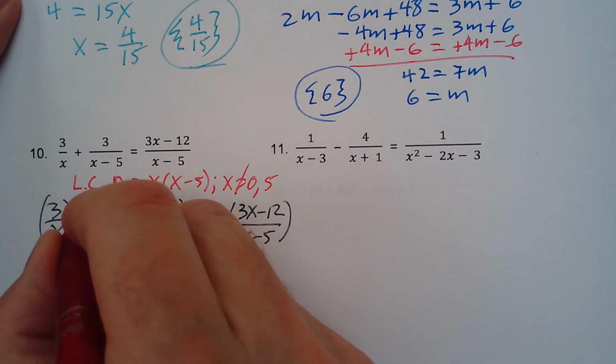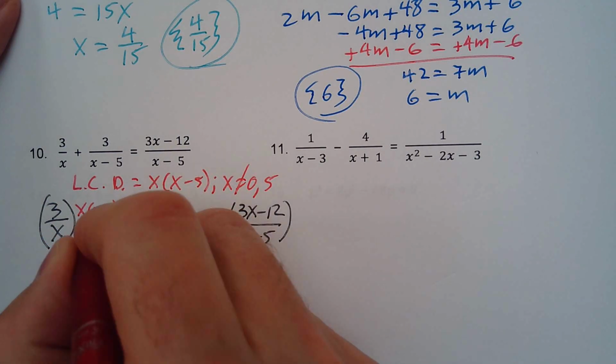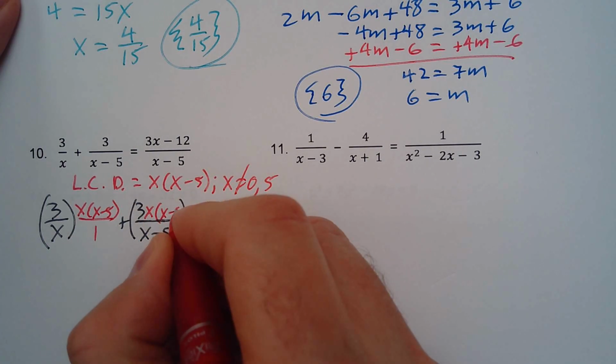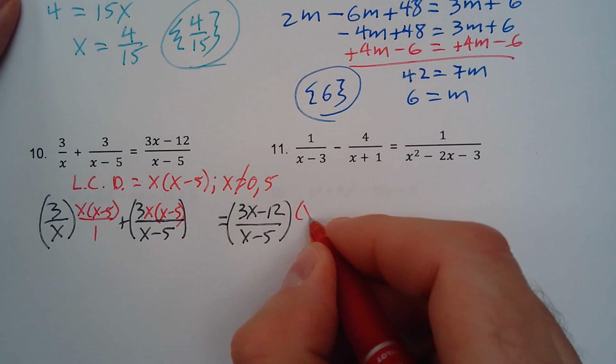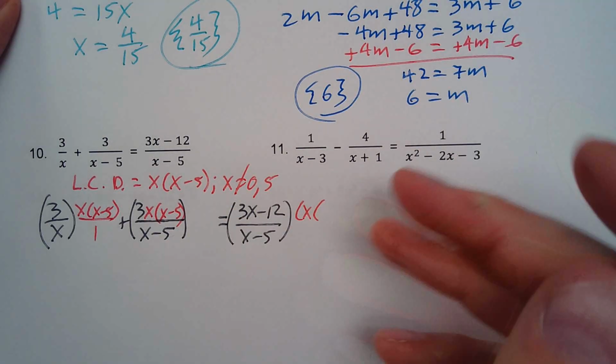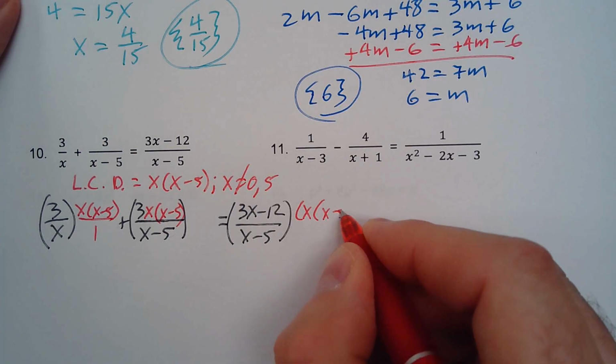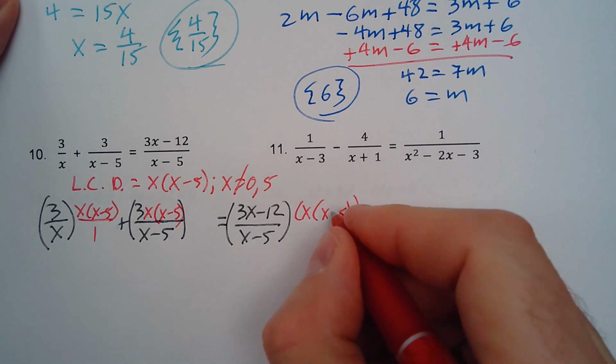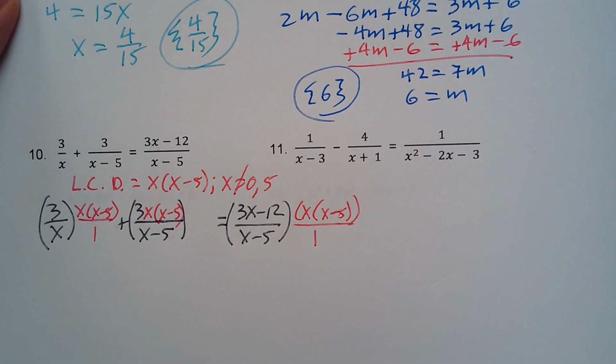So I'm going to do x times x minus 5 here. I'll just put it up here, x times x minus 5 here, and x times x minus 5 here. Need a lot of real estate for this one.